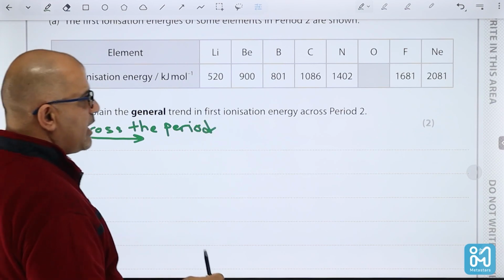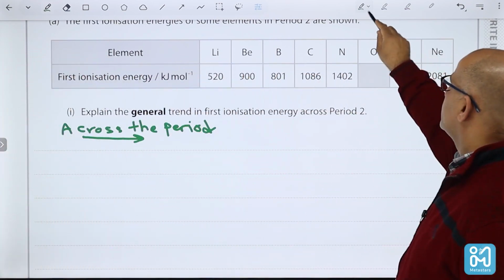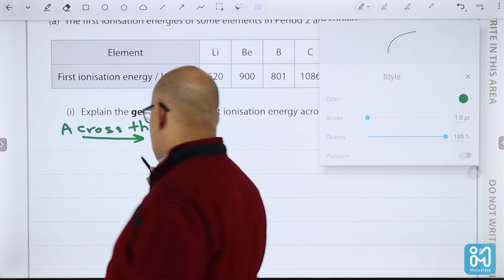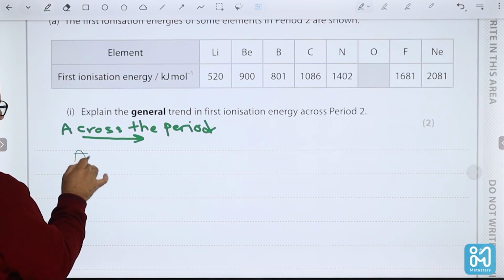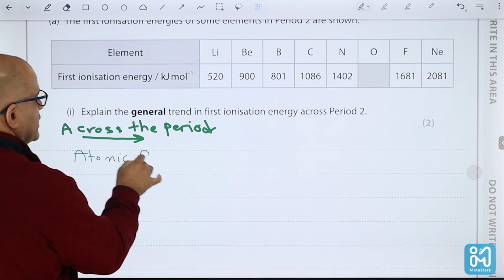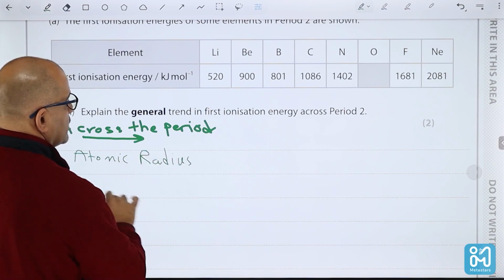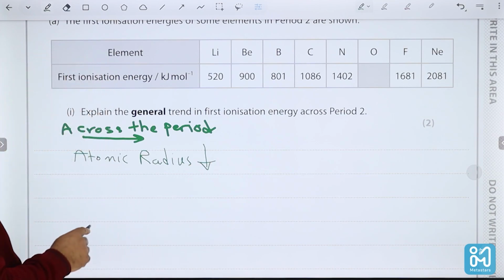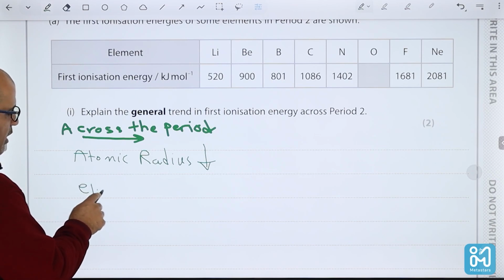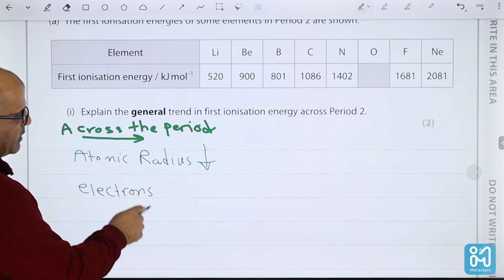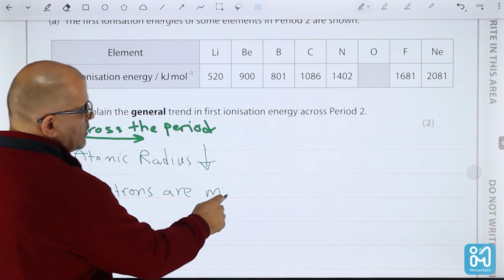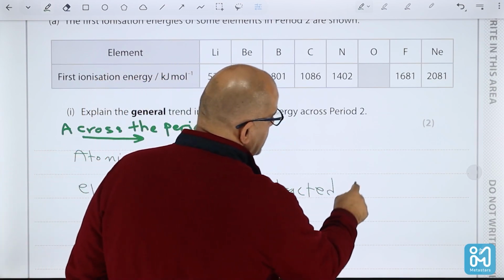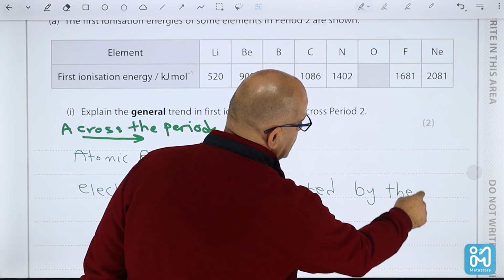You will see that the atomic radius decreases, so the electrons are closer and more attracted by the nucleus.